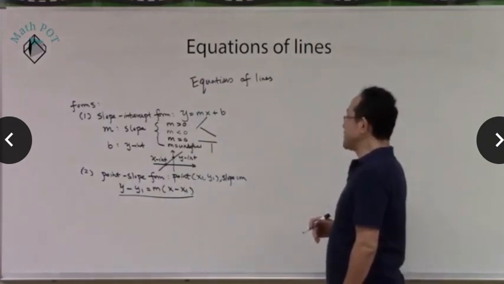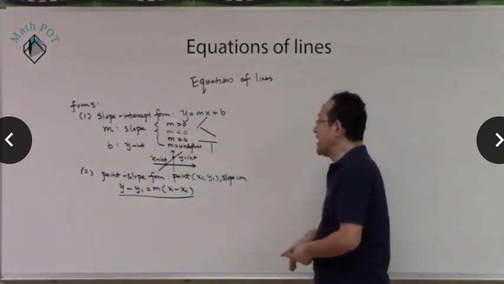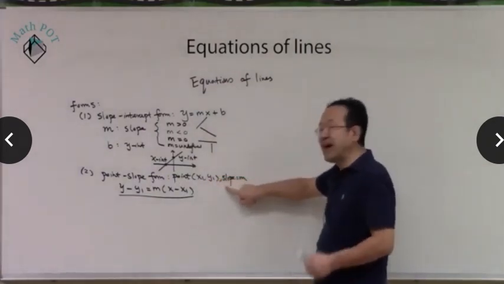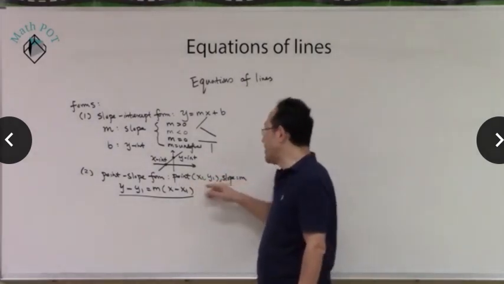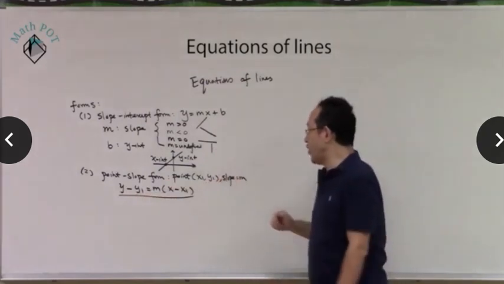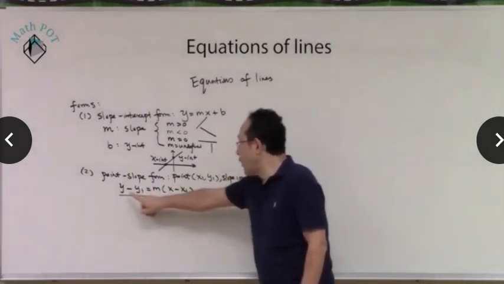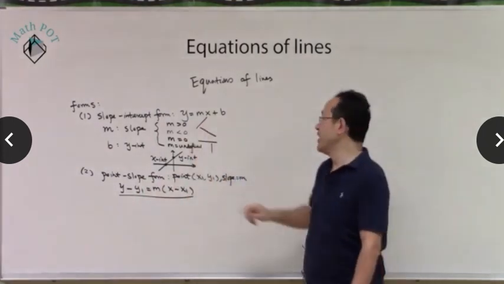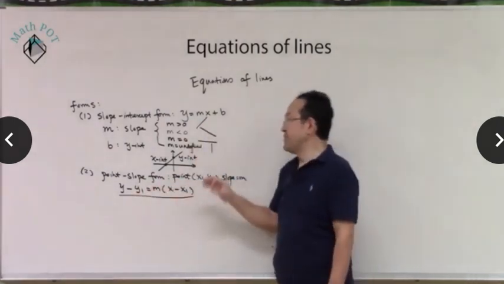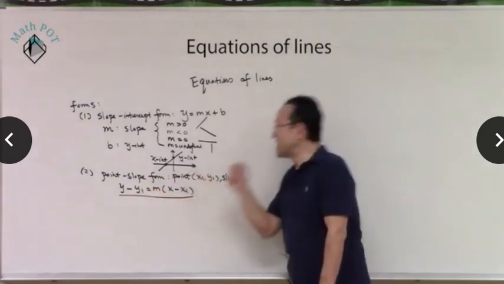But how do we understand this one? This equation needs to satisfy both conditions. Passing through the point means this point must satisfy this equation. If you plug in x equals x1, y equals y1, of course we end up with 0 equals 0. So clearly this point satisfies this equation, which means this point must be on this line.